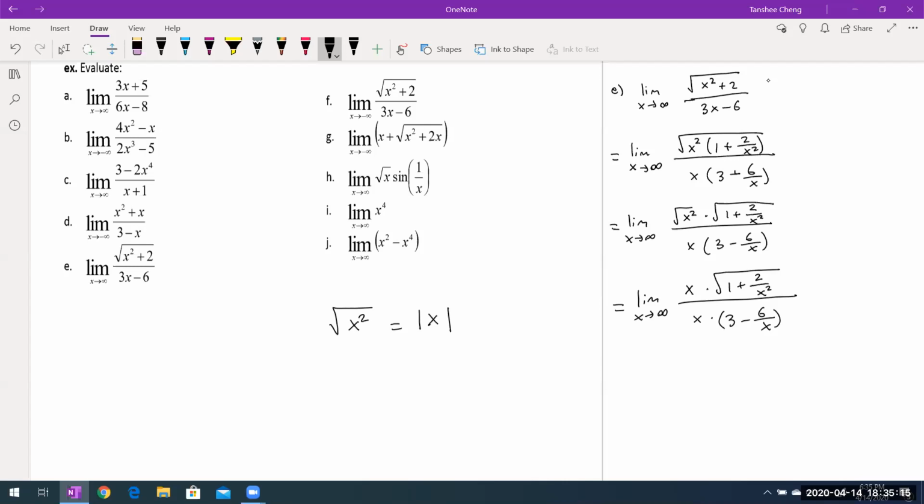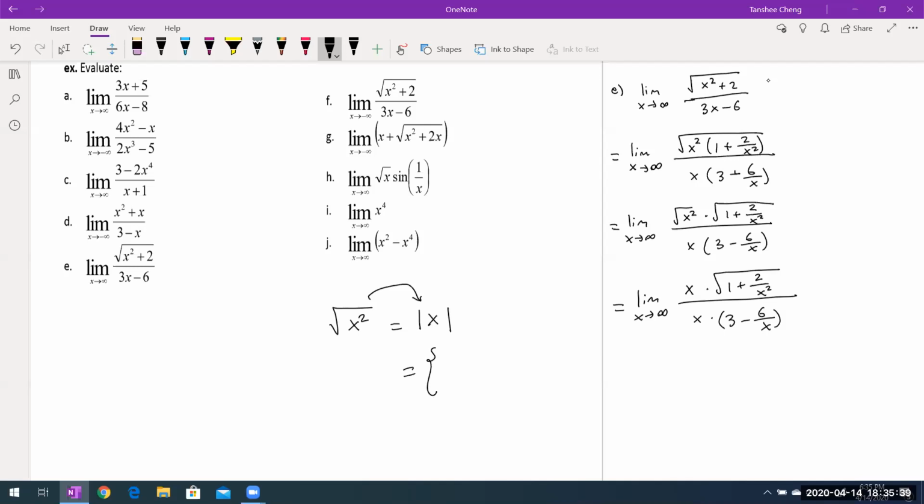If you think the square root of x squared is equal to x, you are already making a mistake in the way you think about this expression. Now, why does it become x? The square root of x squared is equal to the absolute value of x. The x value that we are approaching is positive infinity.